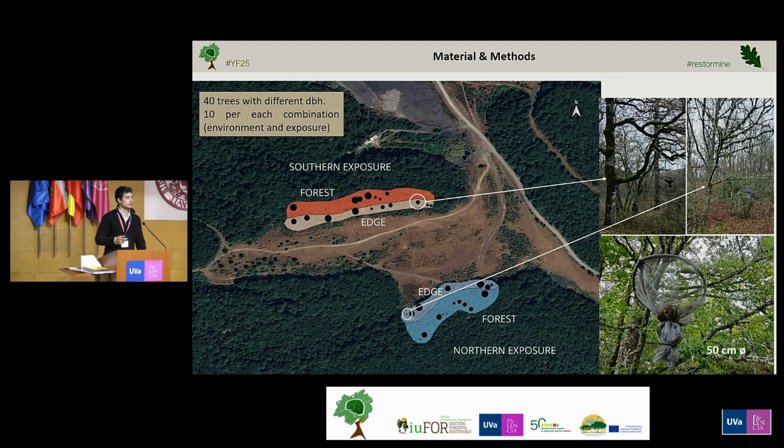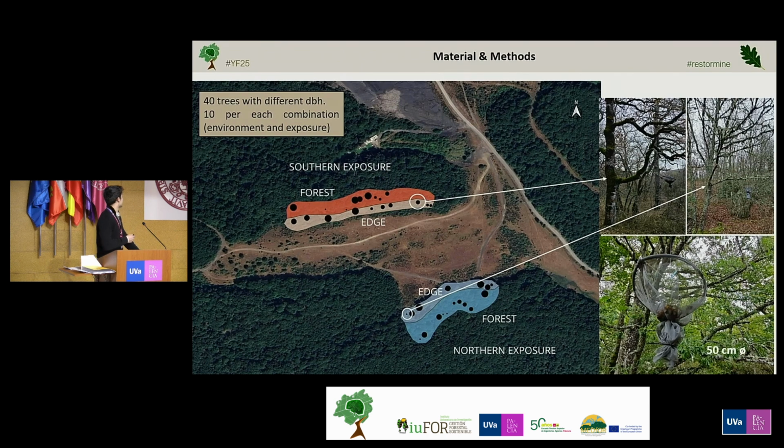To achieve this, 40 trees with different DBH, I mean the diameter at breast height, were selected in these two areas, 10 trees for each combination of environment and exposure. The DBH is used as a proxy of age.